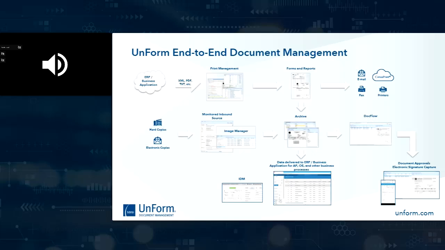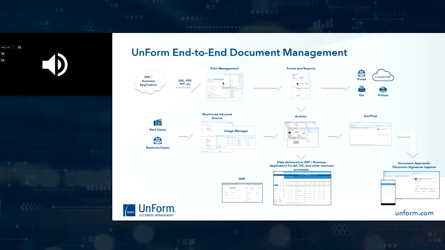So we've got the print management piece that takes the unformatted output from your ERP, whether that's text data or XML, or if it's generating a PDF, we can take a PDF and enhance that as needed as well.